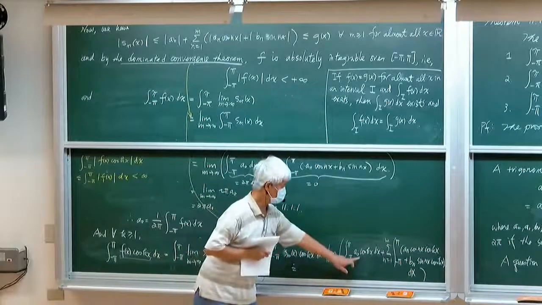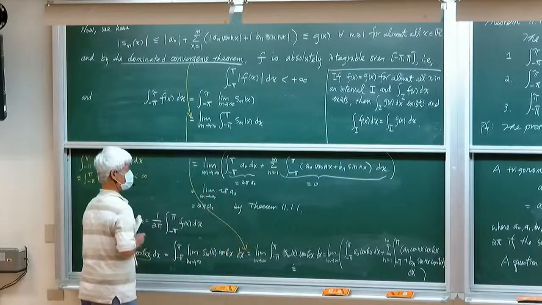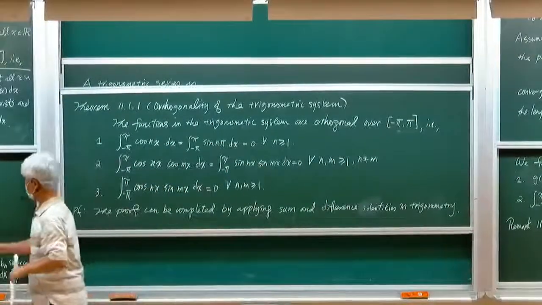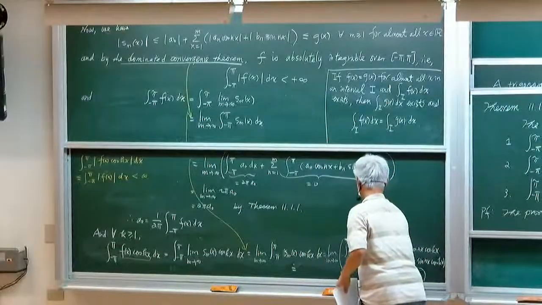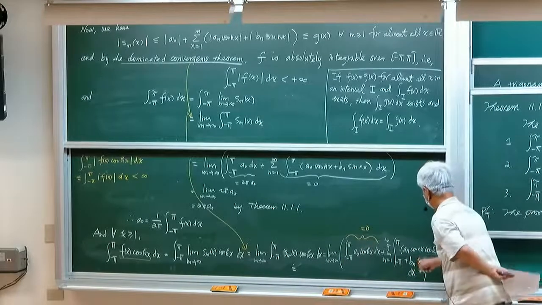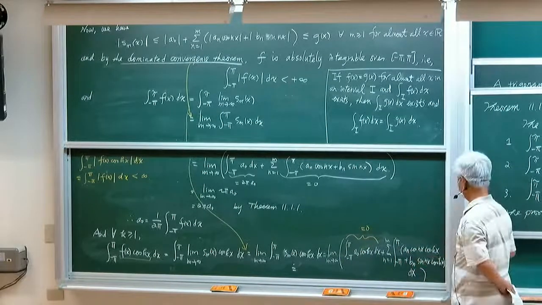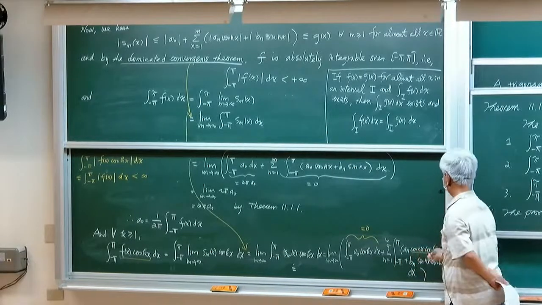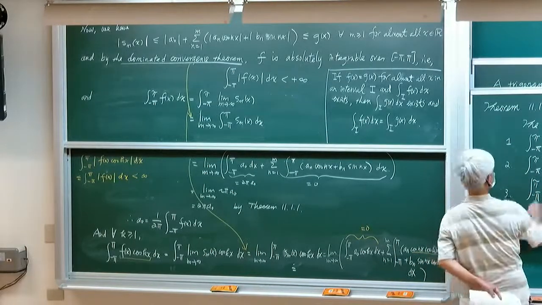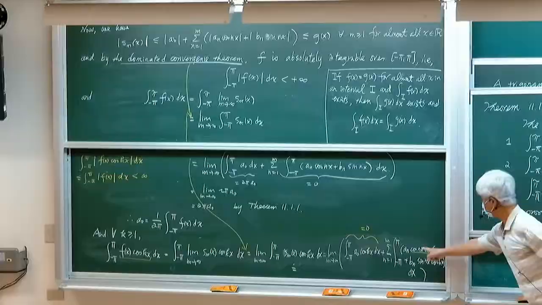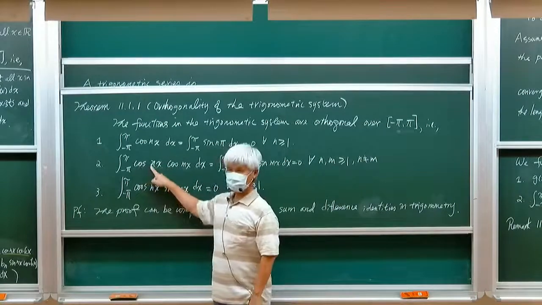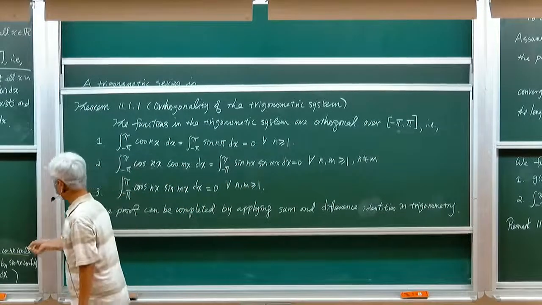All right, so now because k is greater than or equal to 1, by this theorem, part 1, this term is equal to 0. And when we look at the product here, n and k: if n is not equal to k, this is cosine times cosine, so if n and k are not equal, this integral is 0.